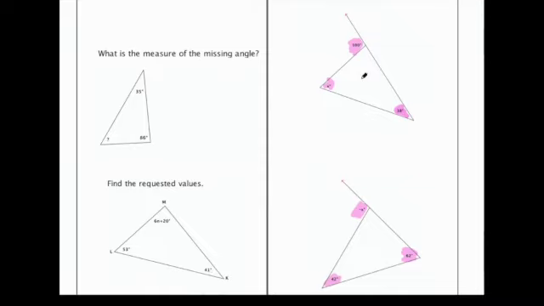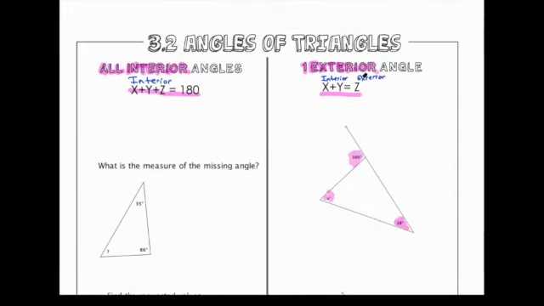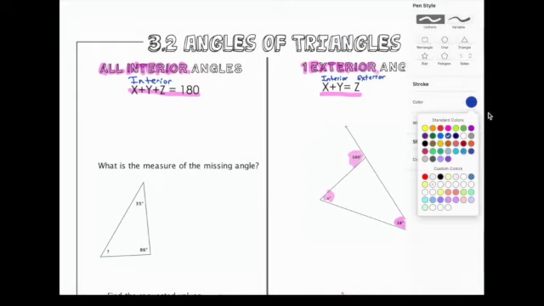These are the same exact examples that I used last time, but then I'm going to go through some more that are different and varied. So on the left here, all interior. The very first thing you have to do is figure out which one do I have? You've got to actually look at that.